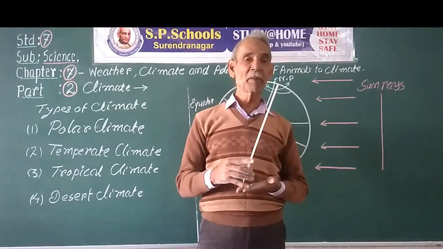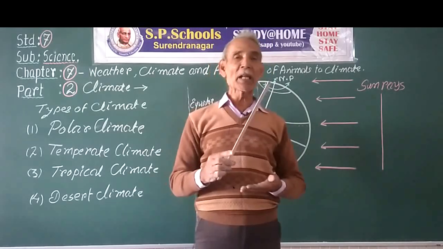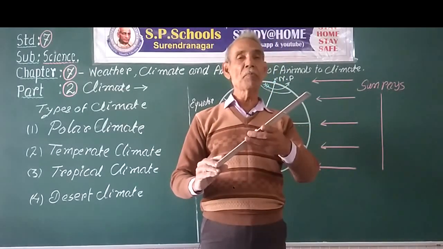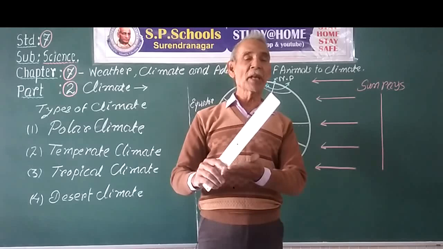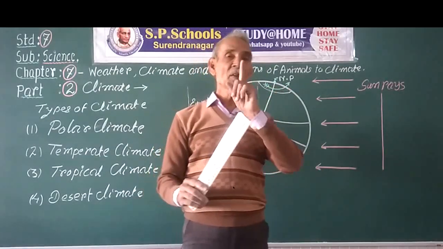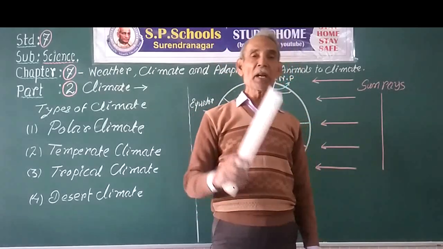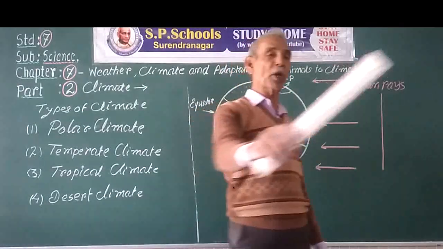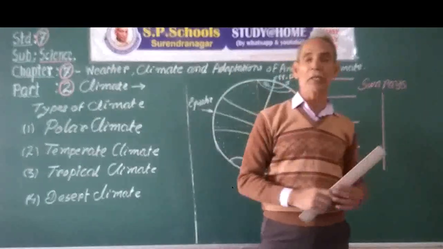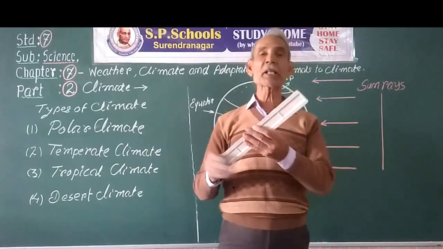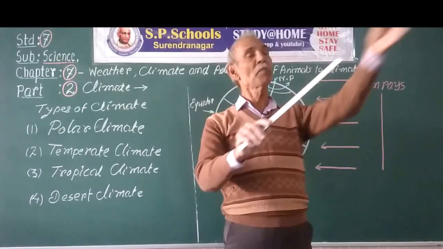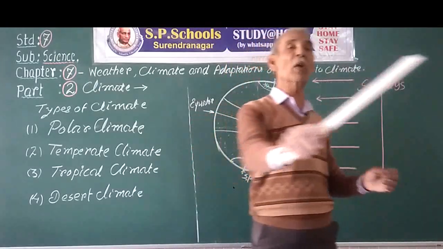Not only that, but as the Earth revolves around the Sun, it maintains the direction of its rotation unchanged. It rotates around its axis, keeps the direction the same and revolves around the sun.